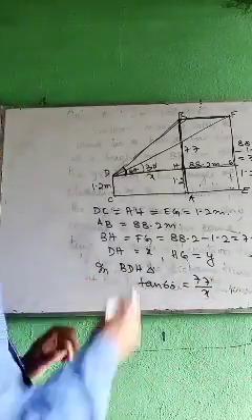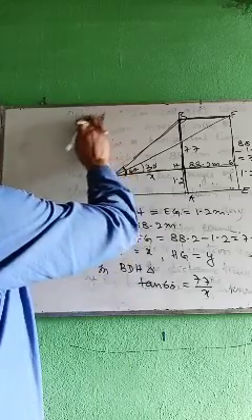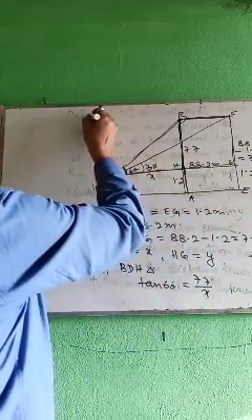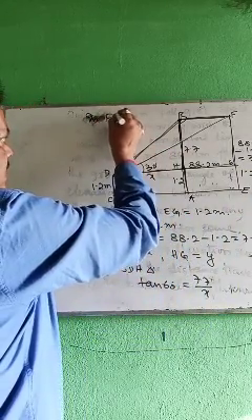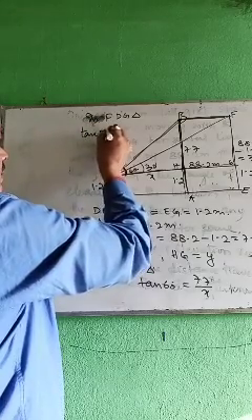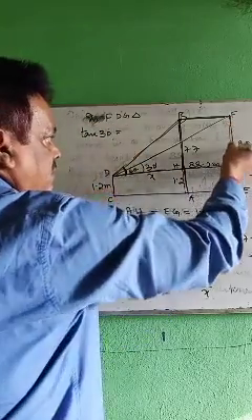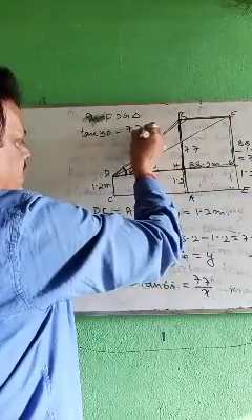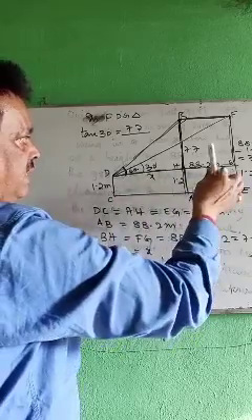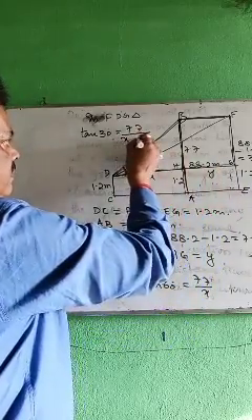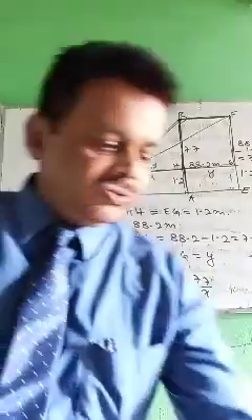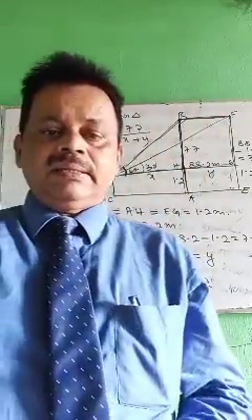Then in which triangle? FDG triangle. Tan 30 equals perpendicular 77 divided by total, because this is the base now, x plus y. So you have to simplify and show me. This part is homework for you. Try to complete and submit to me.